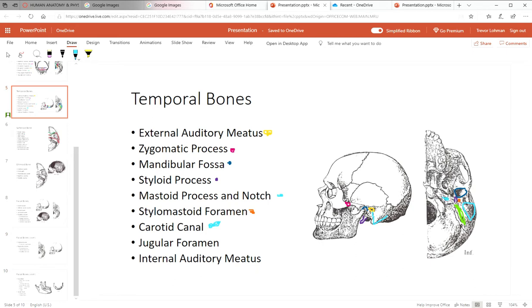What's interesting about this canal is it does two 90-degree turns. So you can see it here, it takes a 90-degree turn sort of anteromedially, and then it empties out into this other foramen called the foramen lacerum, and then the artery inside of it, the carotid, makes a right turn. It goes up to your brain.